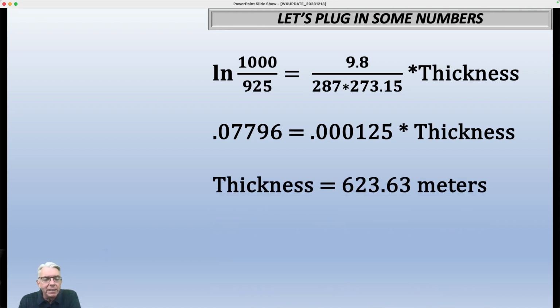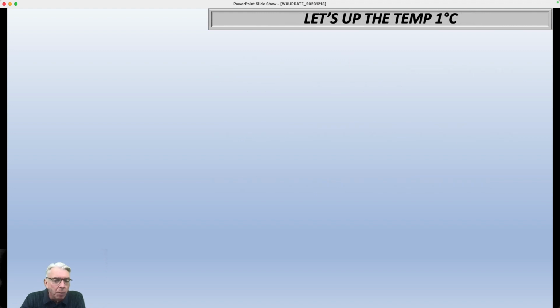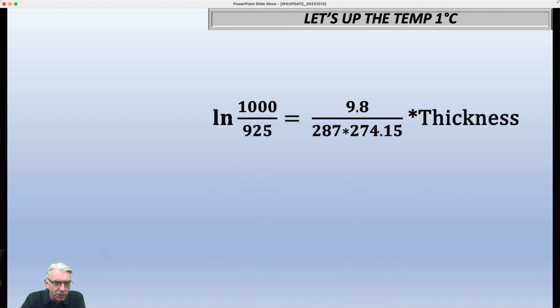So, for an average temperature of the layer of 32 degrees Fahrenheit, or 0 degrees Celsius, the thickness between 1,000 millibars and 925 millibars is 623.63 meters.